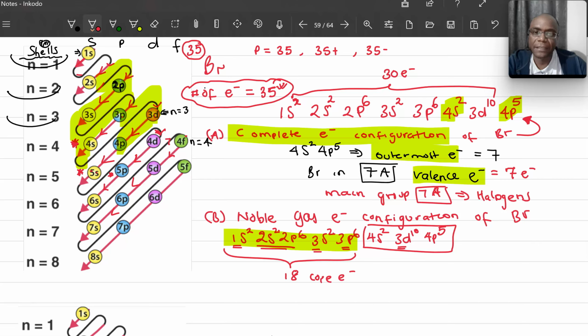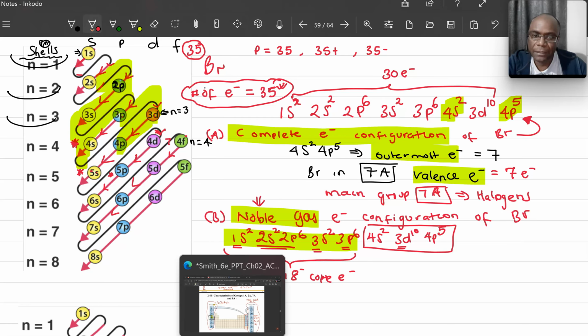Since we are trying to shorthand the long complete electronic configuration to a shorter way to write it, we look at the most filled orbitals, and then we look at the noble gas that has the same number of electrons in the periodic table. Which noble gas has the same number of electrons?